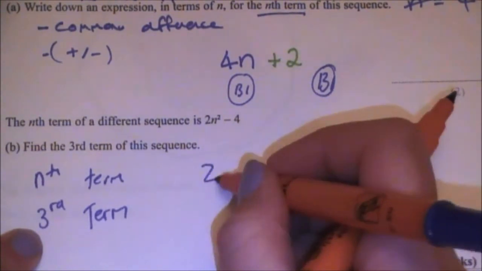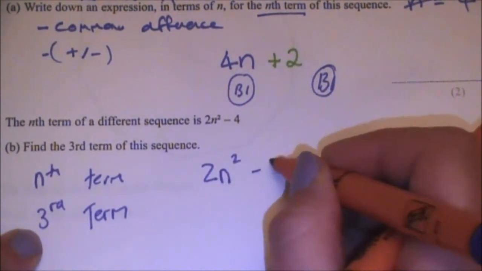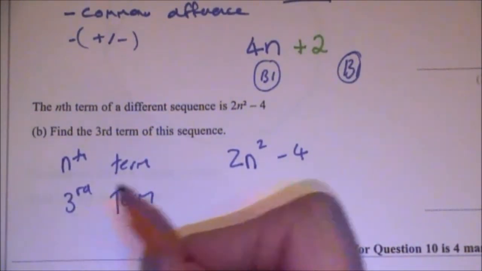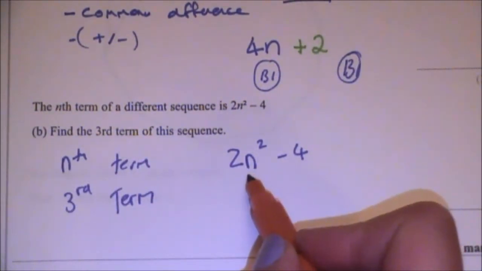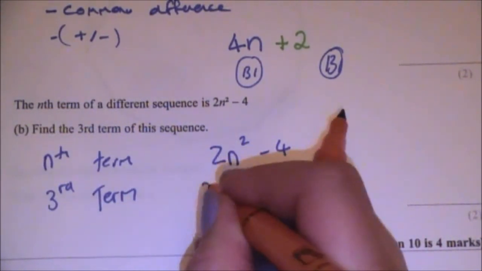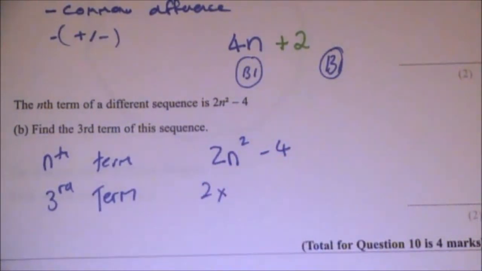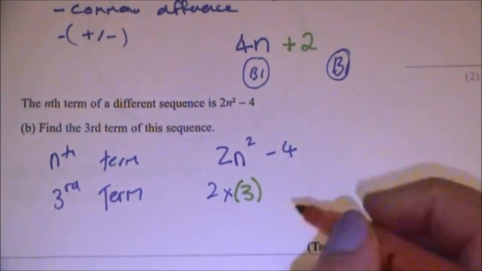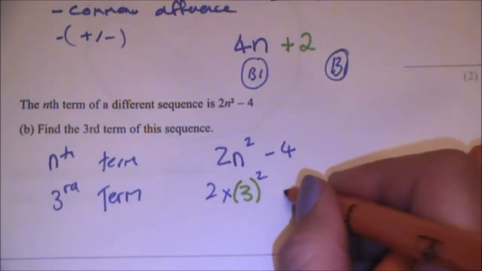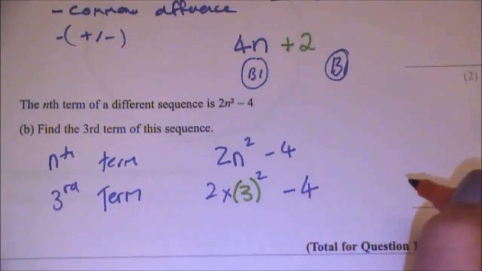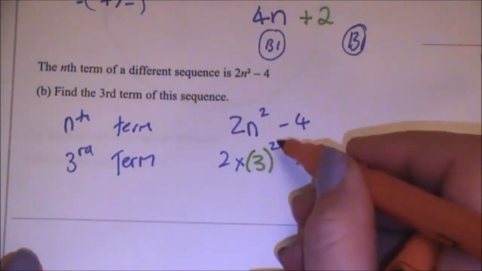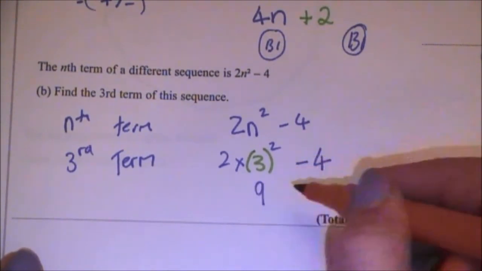My expression is 2n squared minus 4. I need to substitute that 3 into that expression. So it's going to be 2 times by 3 squared, and then we're going to take away the 4. Now this is an indices, so we do this first. 3 squared is 9.